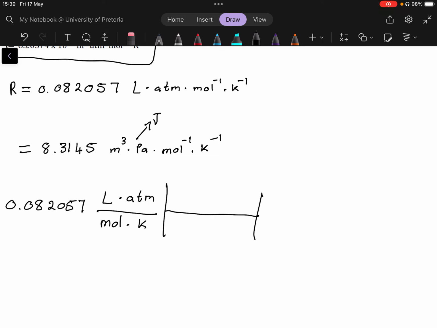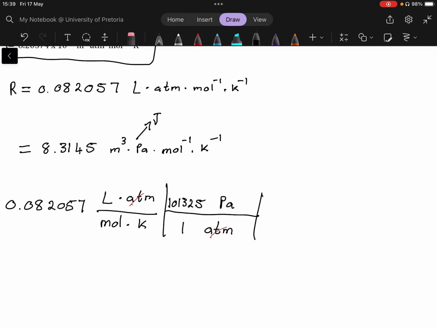Our first step is we want to get rid of atmosphere, and we want to get to Pascals. So we want Pascal on top here. It turns out that in one standard atmosphere, there's 101,325 Pascal. So that gets rid of atmosphere, and atmosphere is going to drop away there.